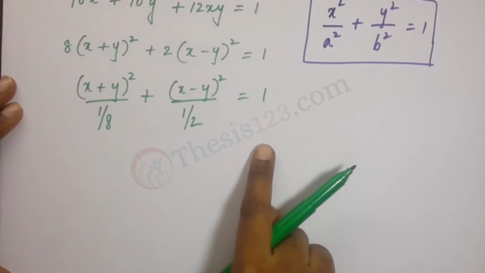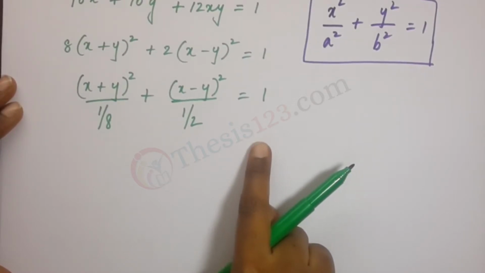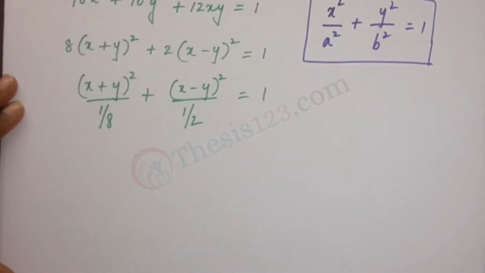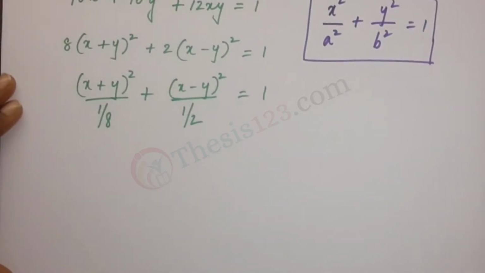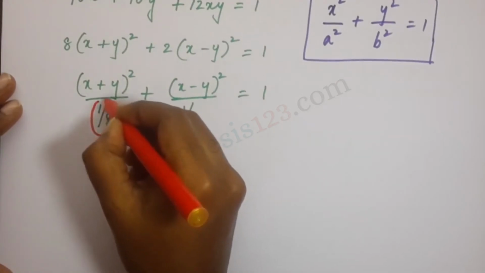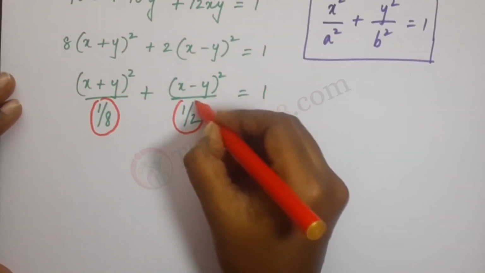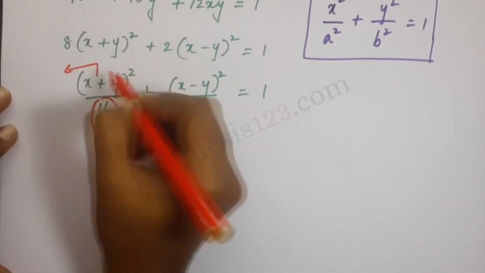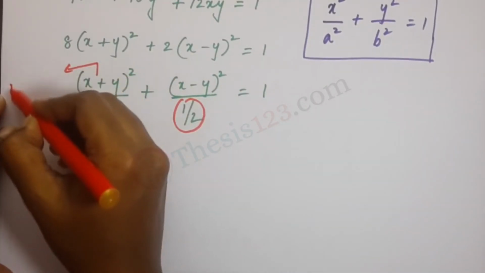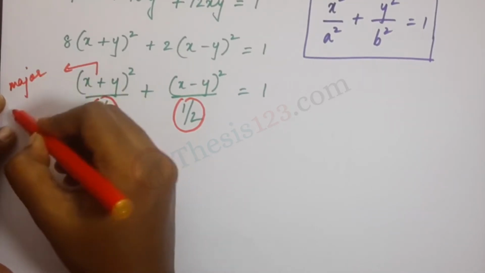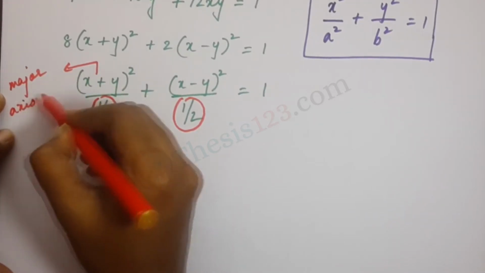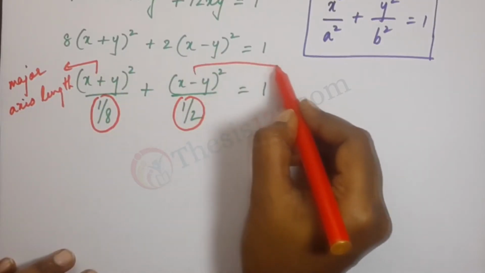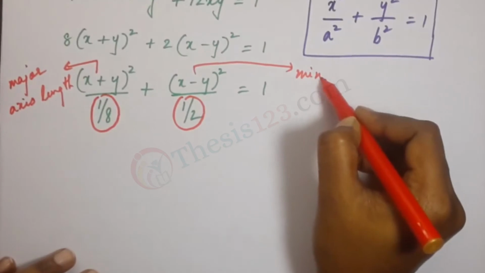Now we have it in the form of an ellipse equation. If we compare this with the standard form, we see that the value of a is 1 by 8 and the value of b is 1 by 2. The first part corresponds to the major axis length, and the second corresponds to the minor axis length.